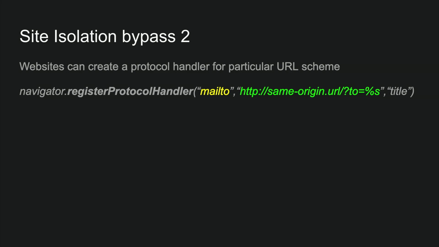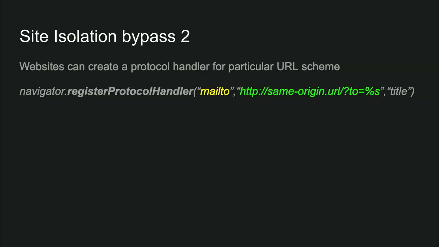Site isolation bypass 2 is a bit complicated. So there's an API called navigator.registerProtocolHandler. What it does is, I think Gmail uses this. Basically, if you want to register your website as a handler, you can do that for whitelisted schemes. So in the case of Gmail, they want to be able to open mailto links in Gmail, right?